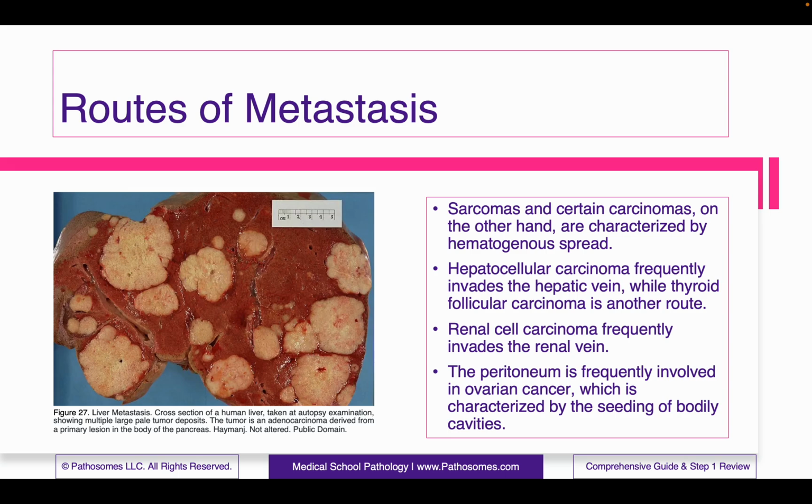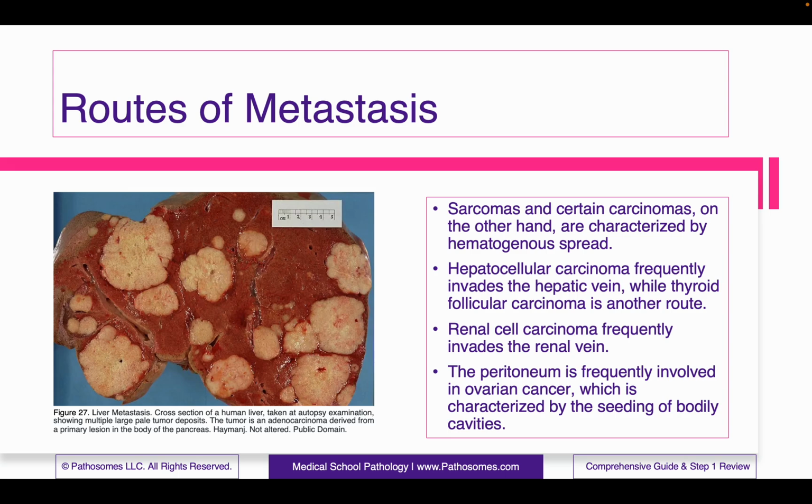Hepatocellular carcinoma frequently invades the hepatic vein, while thyroid follicular carcinoma is another route. Renal cell carcinoma frequently invades the renal vein. The peritoneum is frequently involved in ovarian cancer, which is characterized by the seeding of bodily cavities.